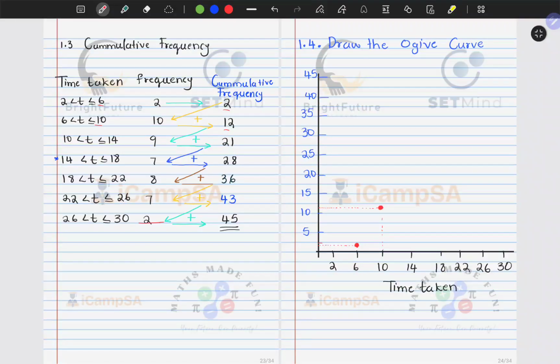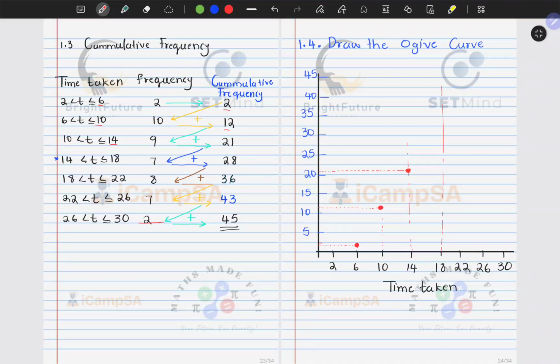And then we have a 14. I'm just going to draw some dashed line. And 14 is going with 21. Okay. So 21 is just above 20. So it should be there. Right. And then we go into now 18. So let's go up.